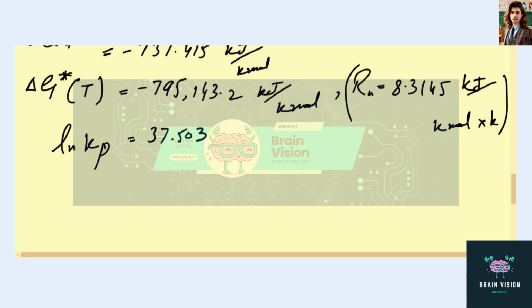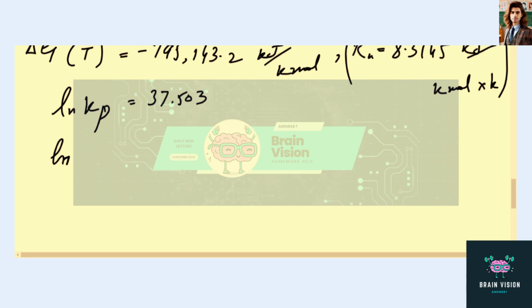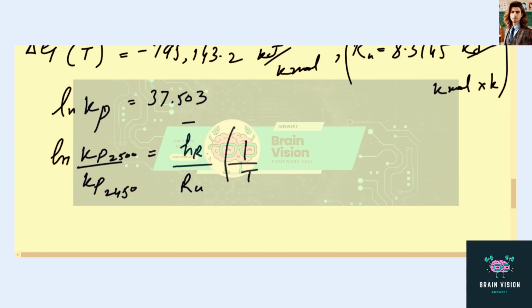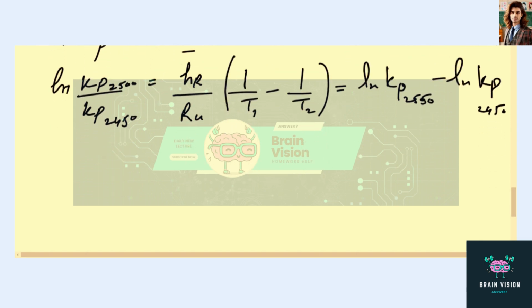Now, after exhausting calculations using the equation, we have ln Kp at 2550 over Kp at 2450 is equal to H bar_R divided by Ru into (1 over T1 minus 1 over T2), which is equal to natural log Kp 2550 minus natural log Kp 2450, where Ru represents the ideal gas constant, and T1 and T2 lead us to the estimated value of the enthalpy of the reaction, which is H bar_R is equal to minus 811,378 kilojoules per kilomole.